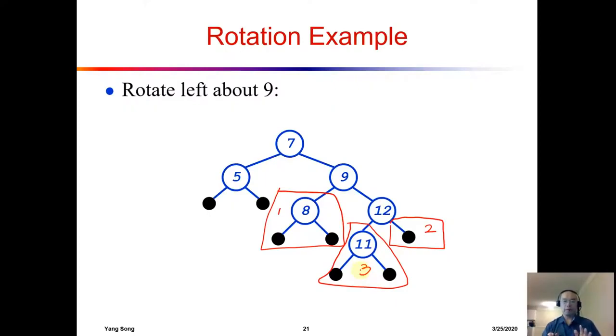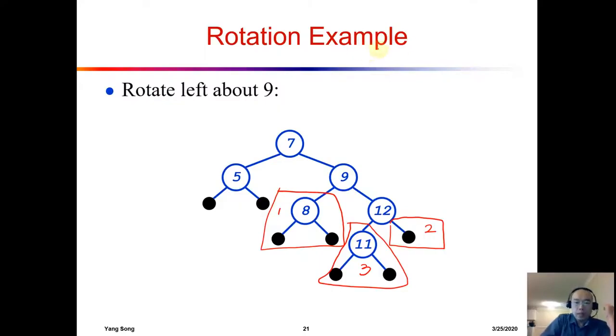Okay, so I'm only touching 9 and 12 because I'm doing a left rotation. However, I'm not paying any attention to 8, 11, or the box 2. I'm just calling them box 1, box 2, and box 3.